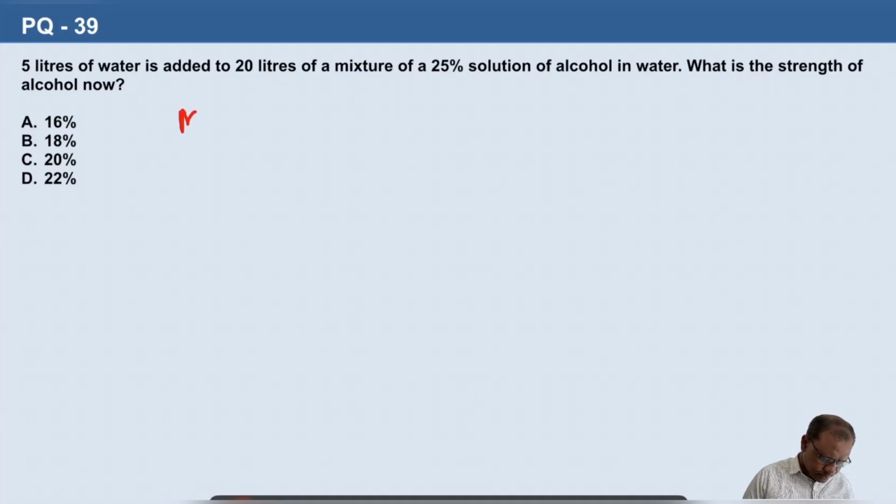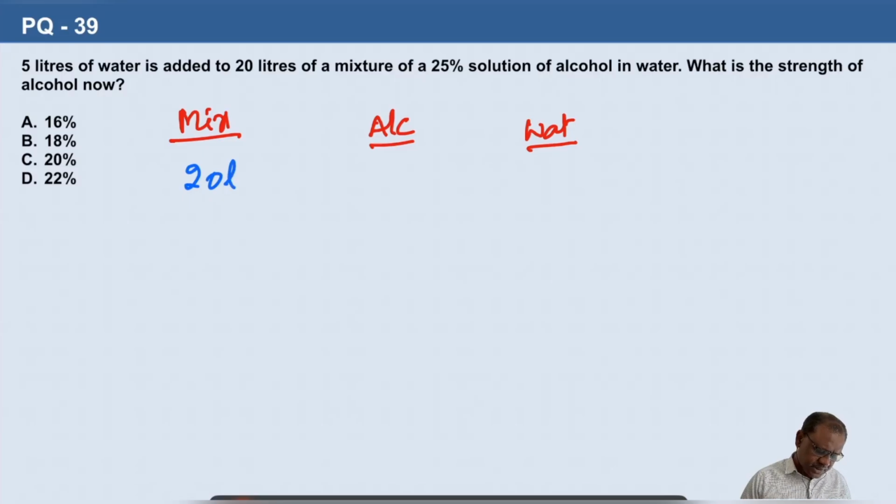Alcohol and water. Mixture weight is 20 liters. In this 25% is alcohol. Remaining 75% is water.